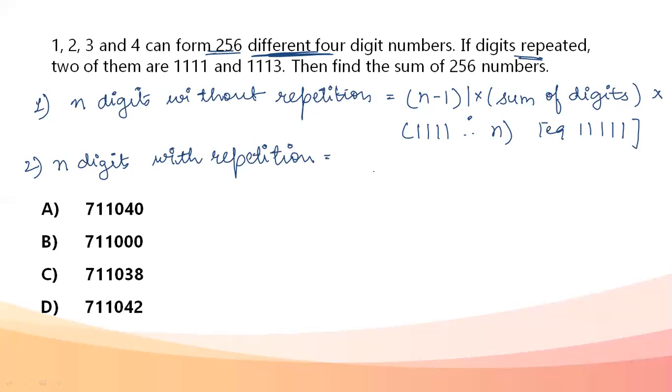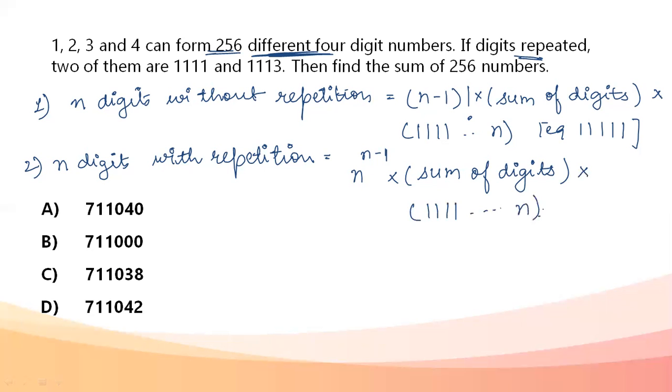When repetition is allowed, it will be n raised to power n minus 1 into the sum of digits, which remains the same, into 1 1 1 1, going to as many n digits as specified. If going by this method, it's very easy other than considering all the cases. N digits with repetition. Now for the question, it is given that the digits are repeated, so my solution would be using the second case.